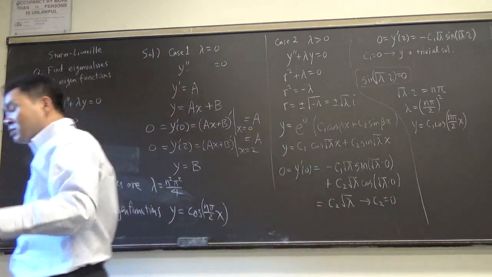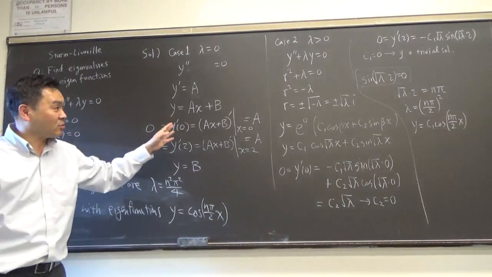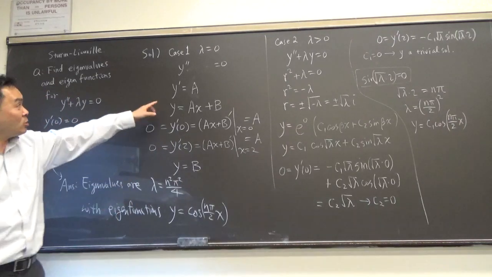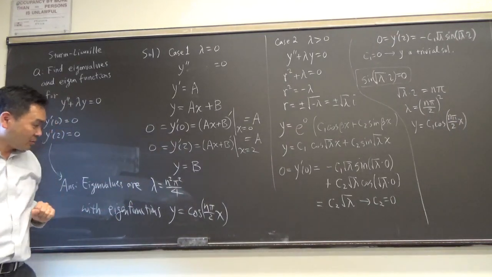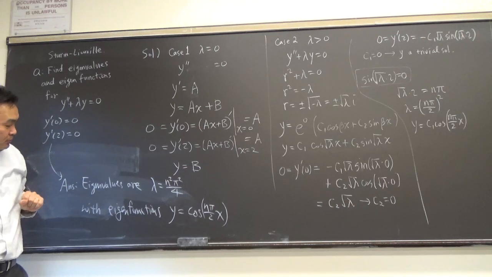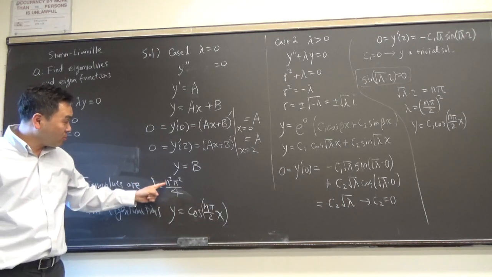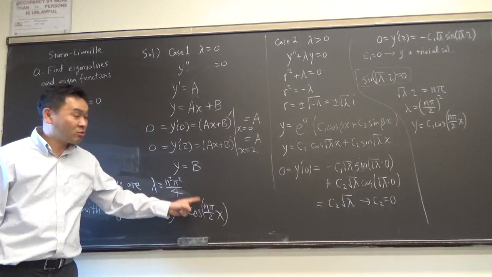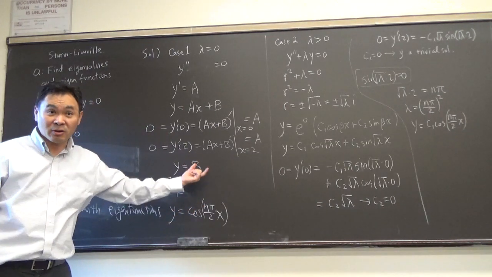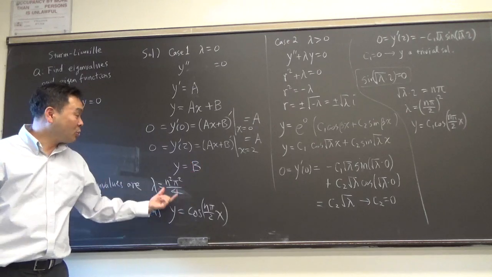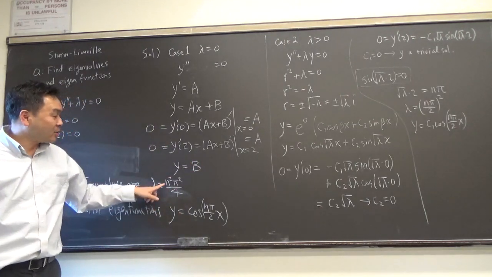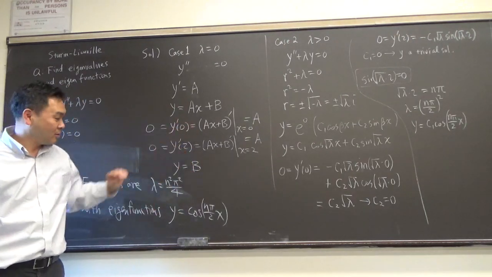So what you see is after looking at these two possible solutions, we know that lambda equal to 0 is an eigenvalue. So if I plug in n equals 0, you get cosine of 0, which is 1, which is the eigenfunction for lambda equal to 0, with the eigenvalue 0. So n equals 0 contains this case.